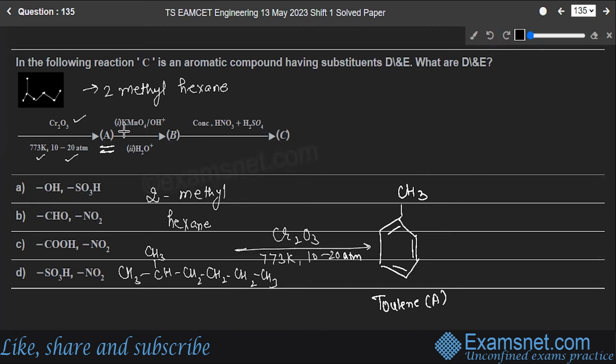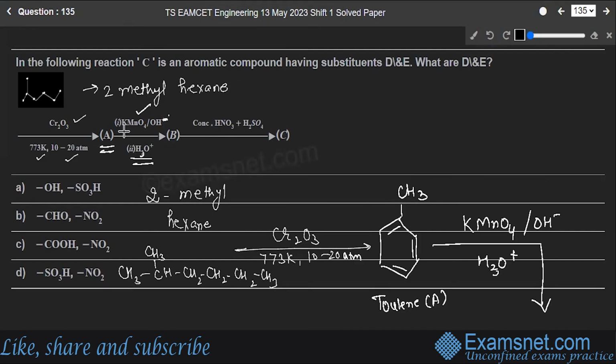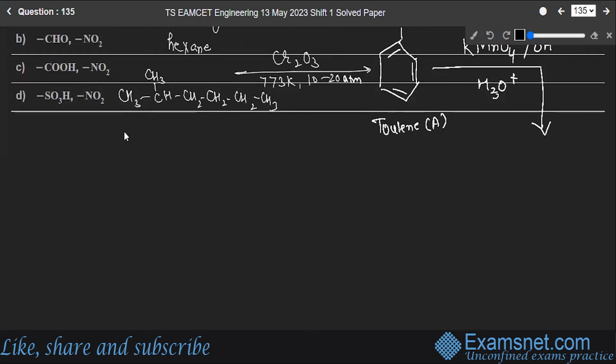Now this A reacts with potassium permanganate and hydroxyl ions, this is OH minus. By acidic hydrolysis, you have H3O ions as well. So let's write it over here. You have potassium permanganate, OH negative, and hydronium ions, H3O positive.